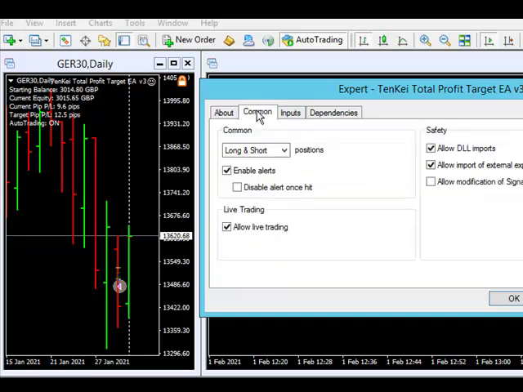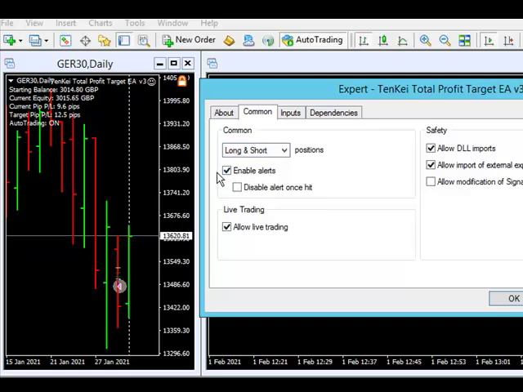Once you've loaded the TenKei TPT into your system, you have the option of trading long or short positions. You have the option of trading only long, or only short. So make sure you have the appropriate position checked in your common tab. But everything else, this option is yours.